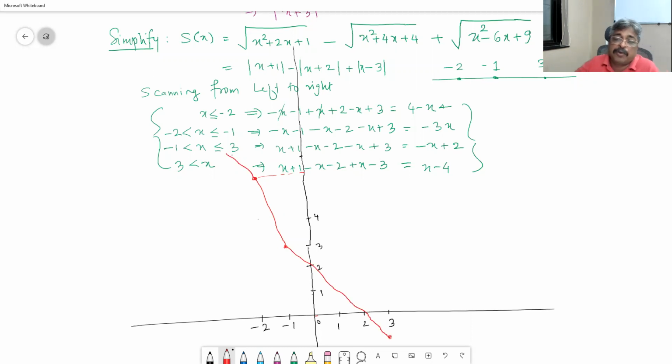Okay, and after 3 it will follow a 45-degree line. Right?